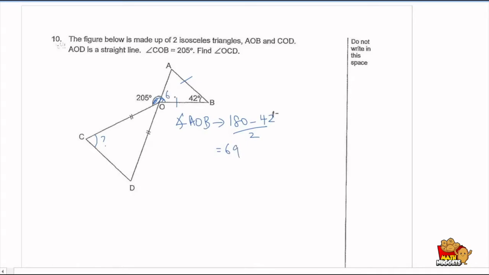So I know this is 69 and this is 69. So I can find angle AOC. It would be 205 minus 69, which is 136.